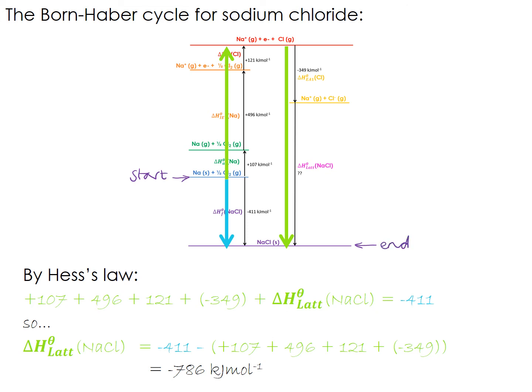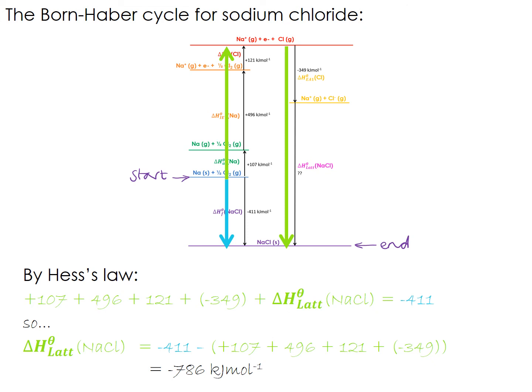We could choose to use the bright green route as I've coloured it here. So we could go individual steps and stages, get into the individual 1 mole each of the gaseous ions, which then come together using the lattice formation enthalpy to form NaCl.